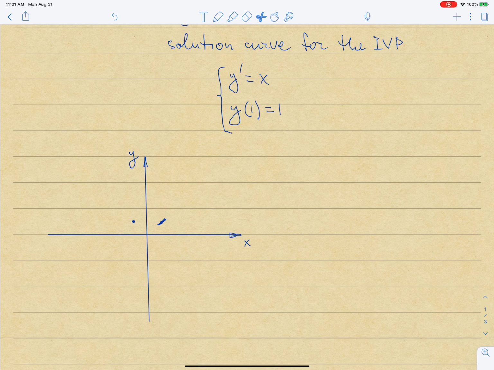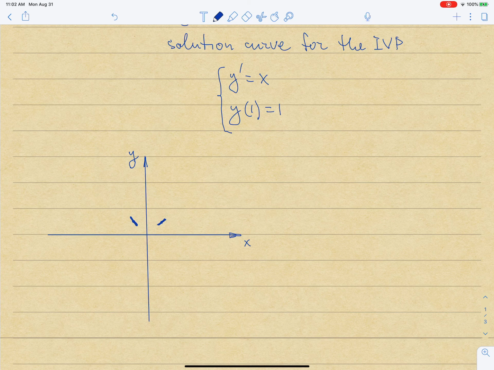It doesn't matter what the value of y is, as long as x is minus 1, then y prime should be minus 1 as well. So if my curve passes through the point (-1, 1), then its slope must be minus 1. So I draw a short segment at this point, and it should look like this.